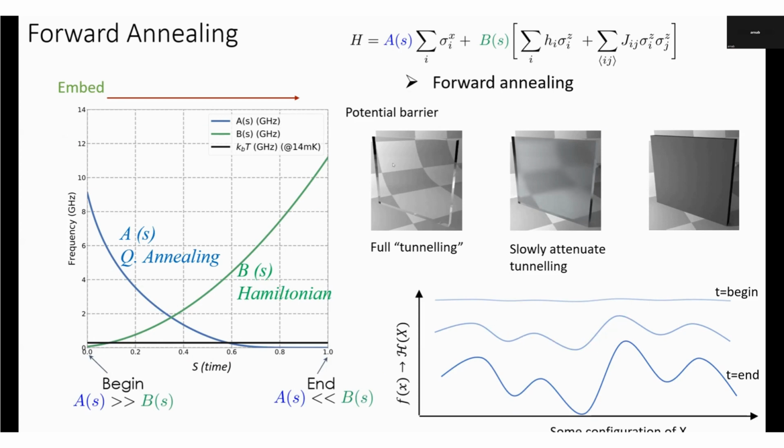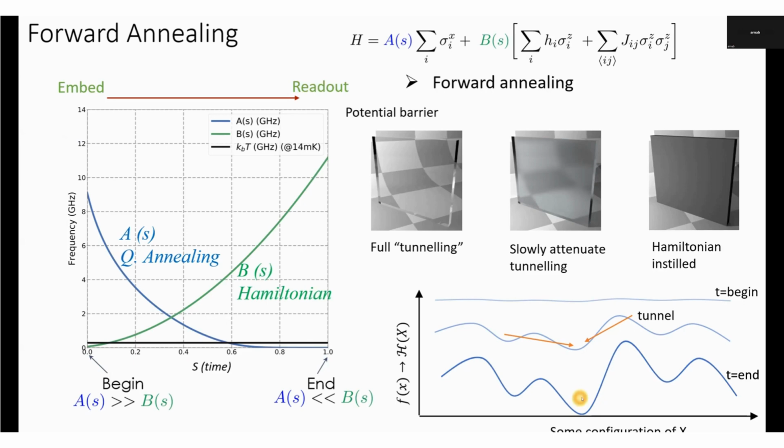When you start with full tunneling, you let the system tunnel everywhere. Think of this as a potential landscape, and you are making the water flow. As you slowly tune your transverse field off, your Hamiltonian is slowly forming, and the water will start flowing right to the lowest point in your energy landscape. So you will find the ground state finally.